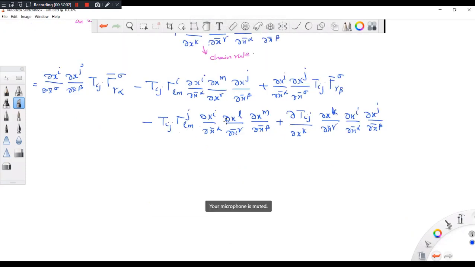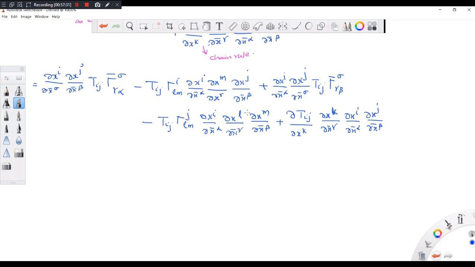Here also I, J is there, K is coming here, so there you have to make a dummy change. So if you want I, J and M, I need to change K to M. Okay, so everywhere you can make that kind of dummy change and take it as a common term. Okay, and then take everything.